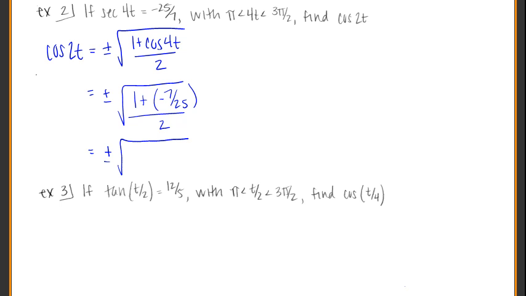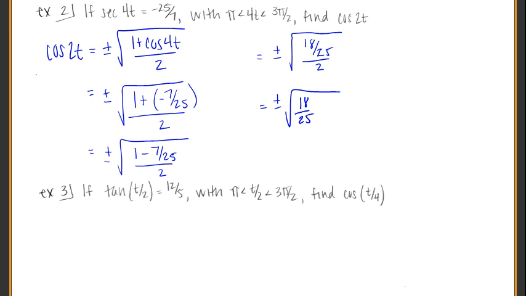So 1 minus 7/25, all over 2, is going to equal plus or minus, combine these together, so 25 minus 7 is 18/25, divided by 2. So 18 over 25 divided by 2 is the same thing as multiplying by the reciprocal. 2 into 18 is 9. So the square root of 9 is 3, and the square root of 25 is 5.